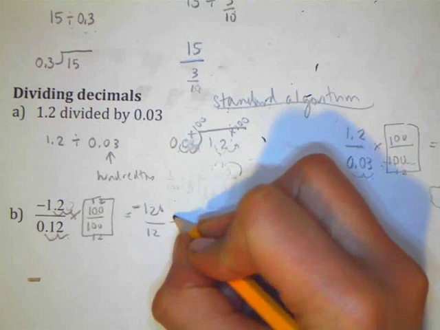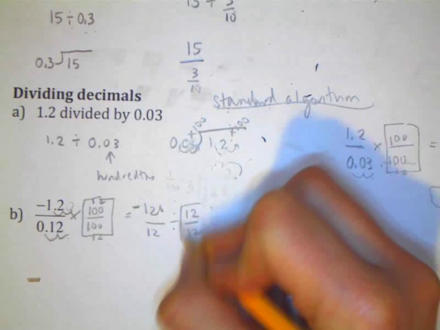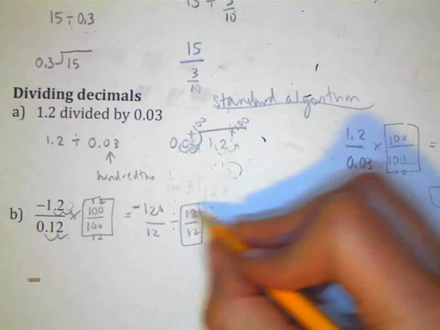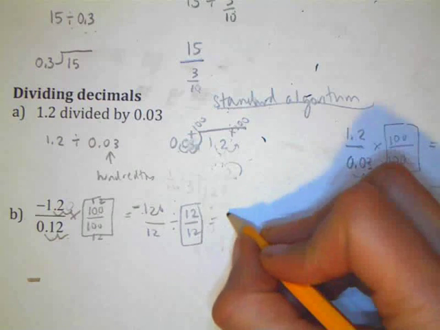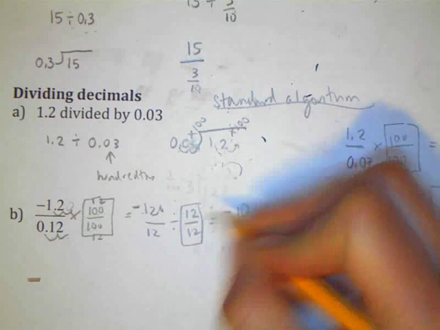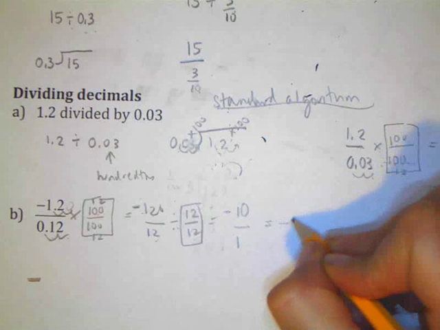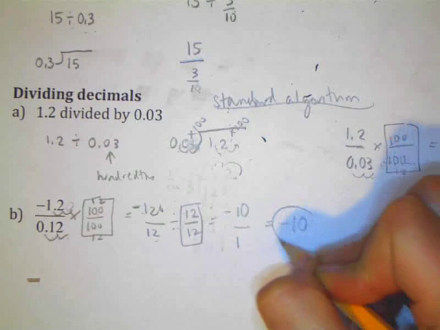I can see these can both be divided by 12. Negative divided by positive is a negative. 120 divided by 12 is 10. 12 divided by 12 is 1. So my overall answer is negative 10.